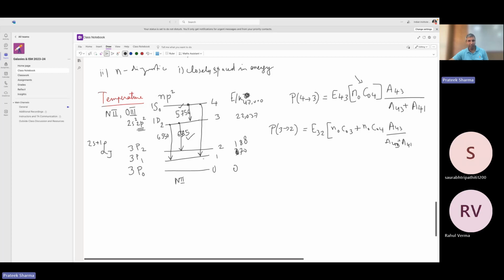This level can be excited by collisions from here to here, but it can also be excited by this transition. Now, if you are in the third state, you can have either this transition or this transition, times A32 by A32 plus A31. Only the allowed transitions are marked; the others are also forbidden, but if they are even more forbidden than this, they are negligible.